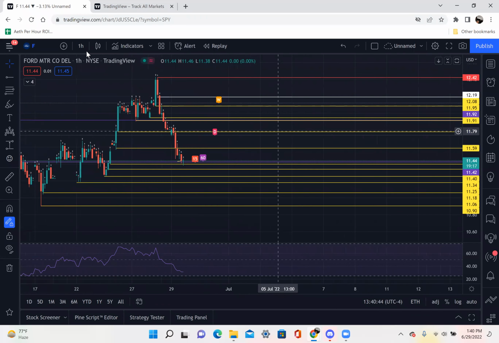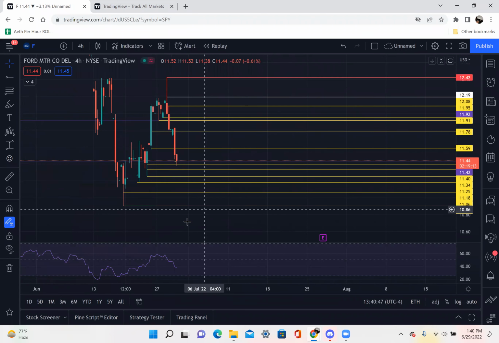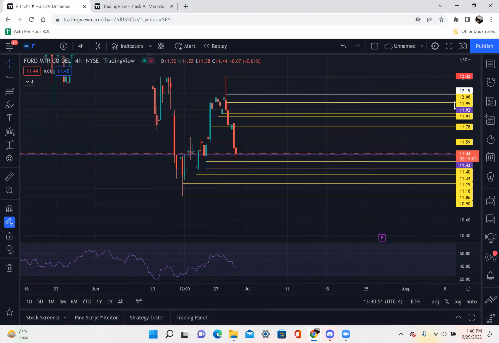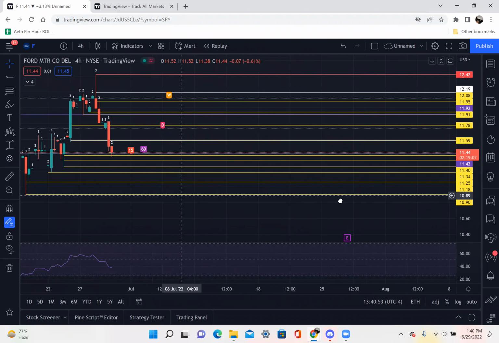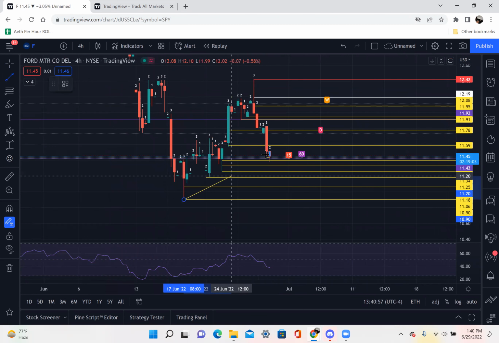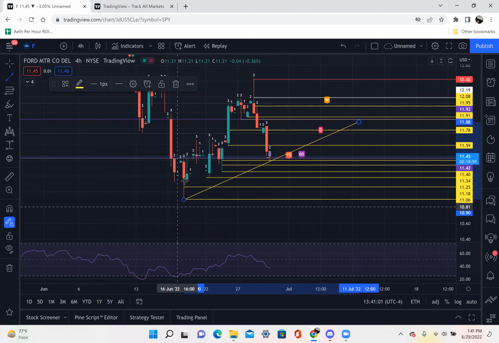But if you're on a bigger time frame, and we'll just take it to the 4 hour, it's still there, it's still starting. Another thing to keep in mind is your trend. Look at how it's following trend, right?